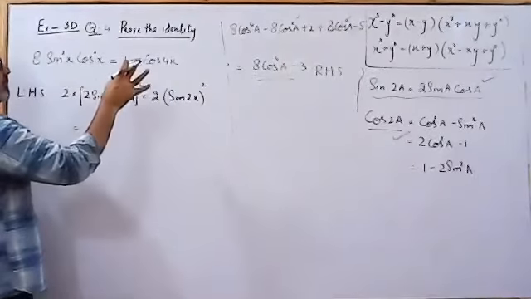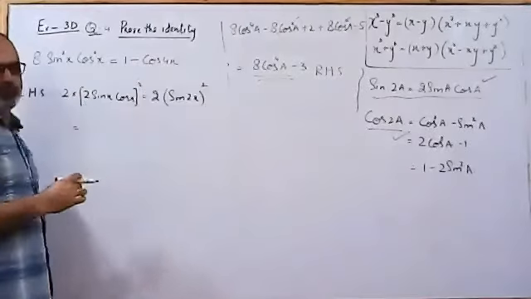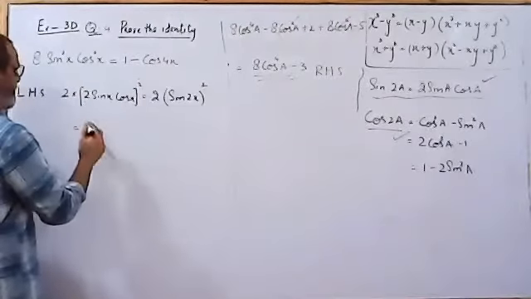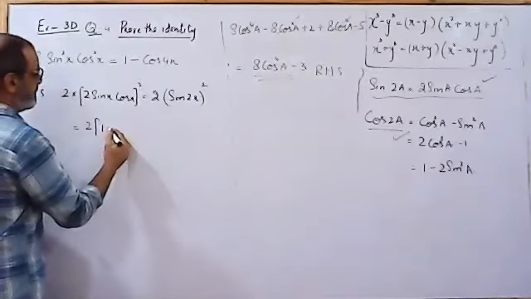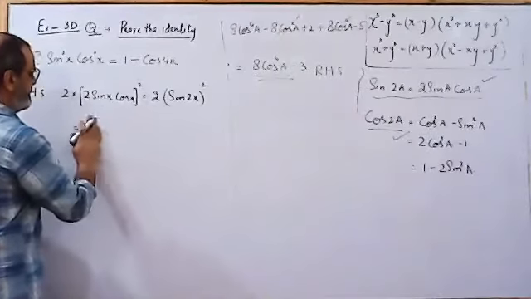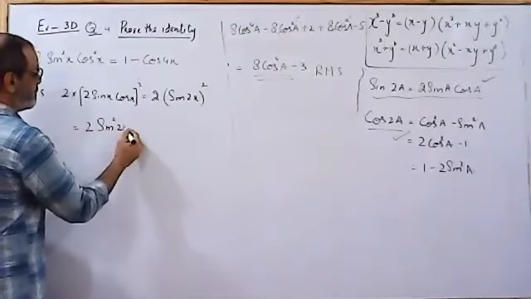On the right hand side, I have only cos, so I'll try to change this sine into cos. I can write it as 2 into 1 minus, first of all, 2 sine square 2x.